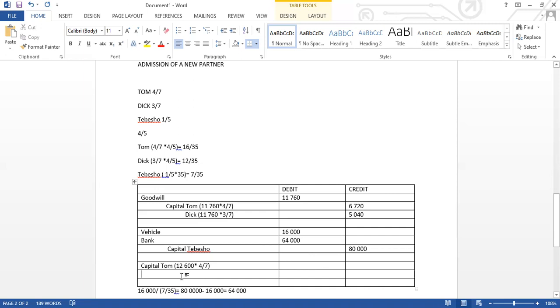How much will Tom's capital account be allocated with? 7,200. So 12,600 times 4/7 will give us 7,200. Are we getting the same amount? Yes.